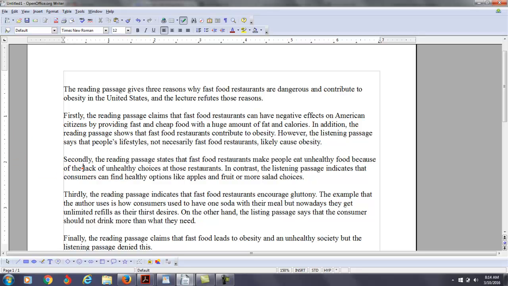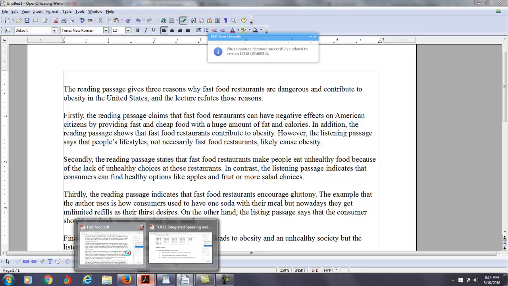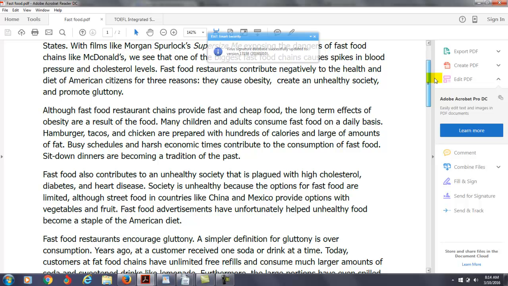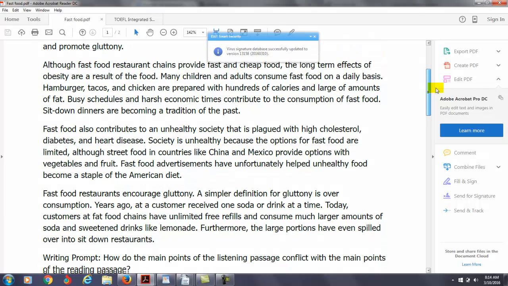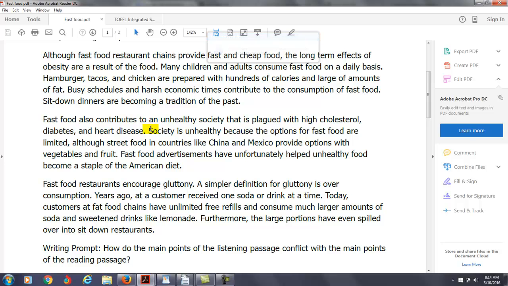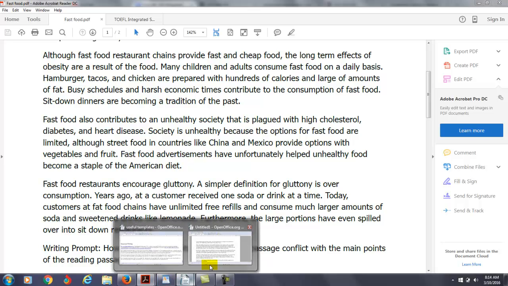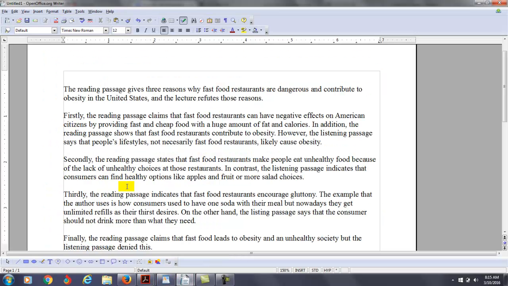Now let's go back to the reading passage here. We've got to make sure that your paraphrase is, so we have, it says society is unhealthy because the options for fast food are limited. Now that's not what you said.